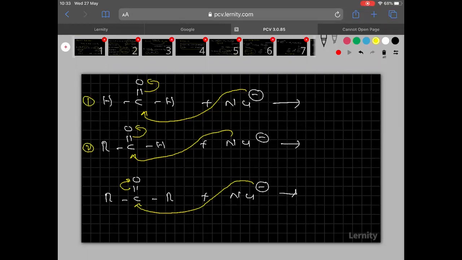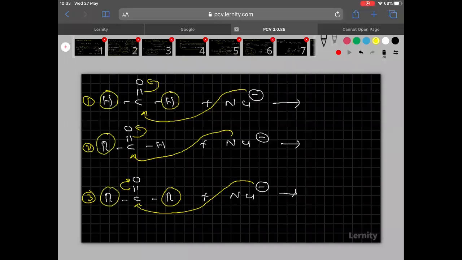Out of these three, the first one. Why? In the first one, the crowding is less. Only two hydrogens are there. In the second one an alkyl group is there, so crowding is increased. In the third one, two alkyl groups are there, so crowding is very, very high.